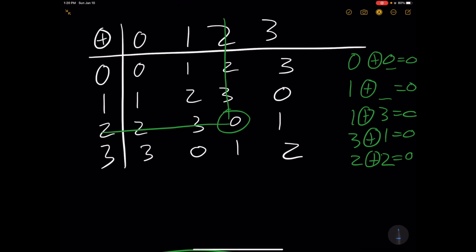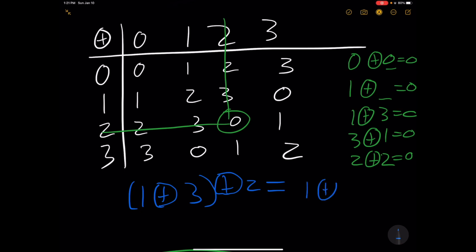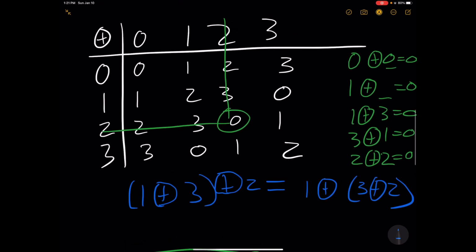Associativity would tell us that, for example, (1 plus sign 3) plus sign 2 is the same thing as 1 plus sign (3 plus sign 2). So associativity tells us that when we move the parentheses around, we get the same element. And let's see if this is true.